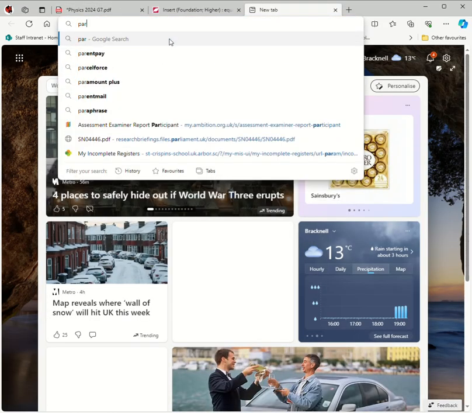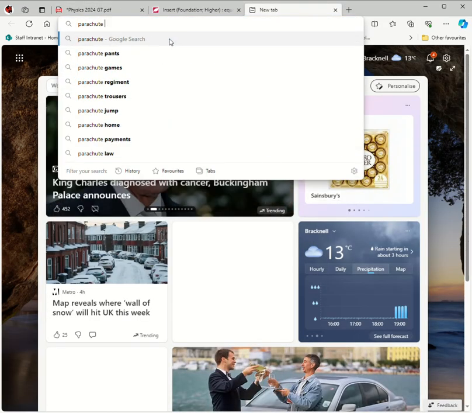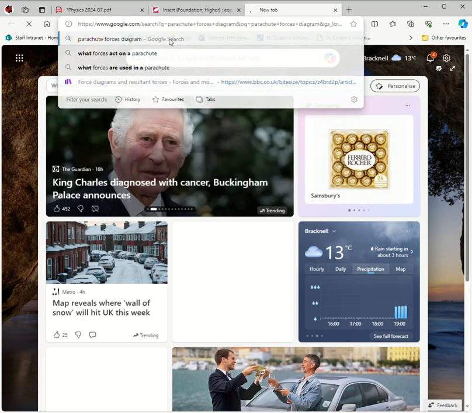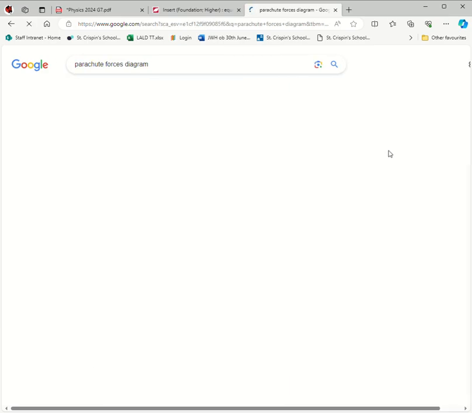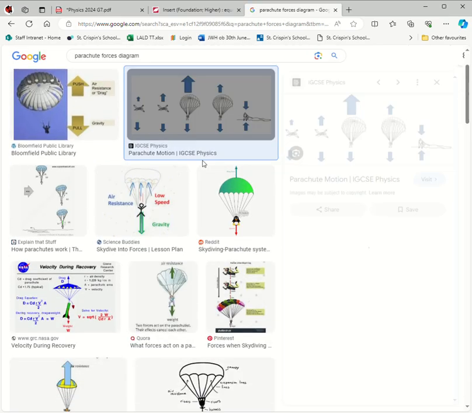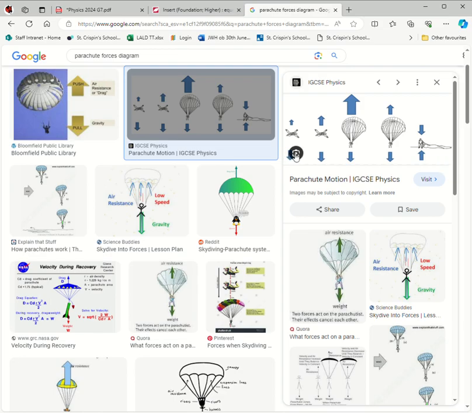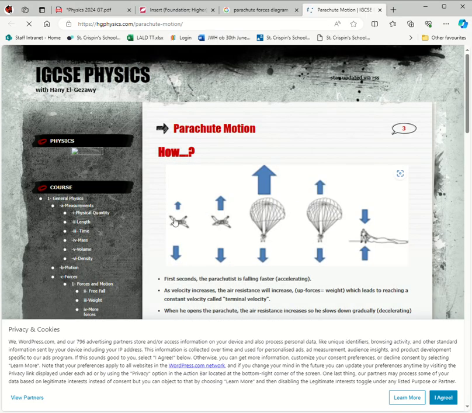So just to show you this, hopefully you will have seen plenty of examples of diagrams rather like this one on the screen at the moment, whereby as you first jump out of a plane, the air resistance will be very small because the parachutist is barely moving, their weight is the larger force, so they accelerate downwards.